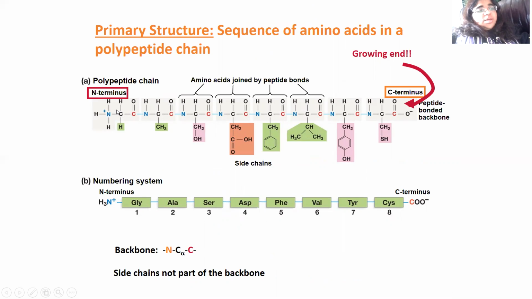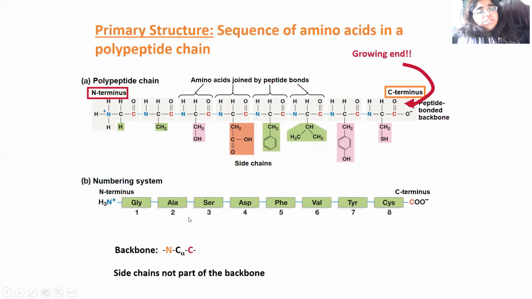Remember how, from our previous example, we saw that we had one forming a peptide bond with each other, right? So poly just means many. So many peptides. You have all of those amino acids coming together and joining by peptide bonds.